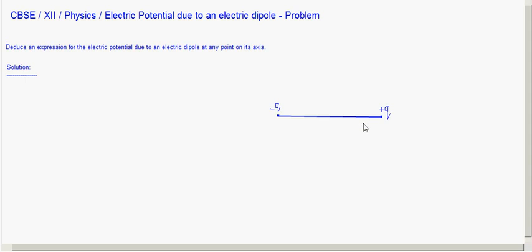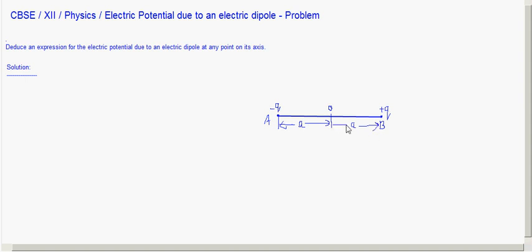Let us say O is the midpoint, and we can mark these two points also. This is A, this is B, and we know the distance between the two charges of the dipole is 2a. So from the midpoint to A the distance is a, and similarly from the midpoint to point B the distance is also a.